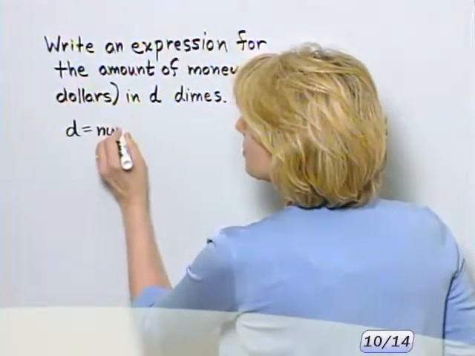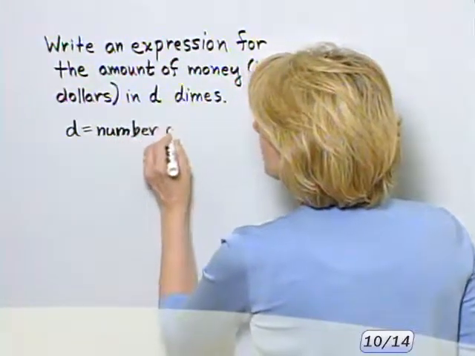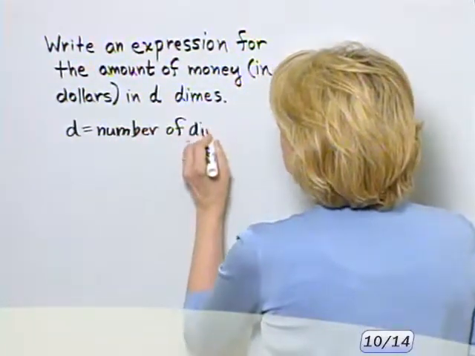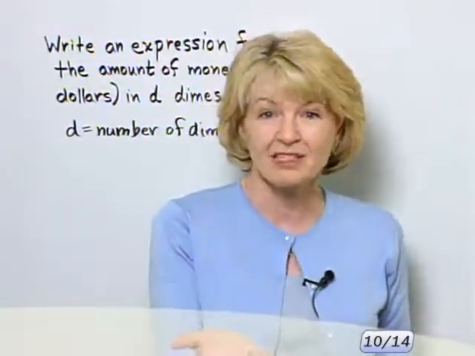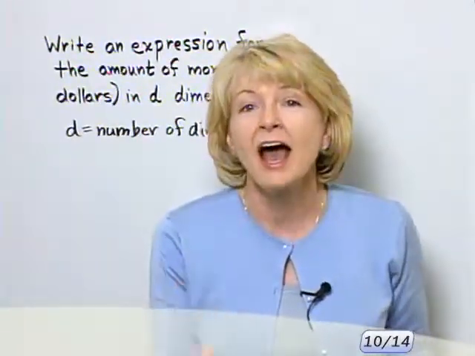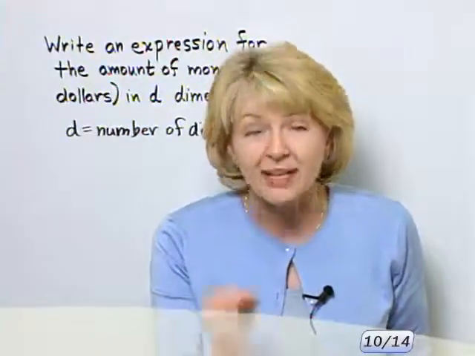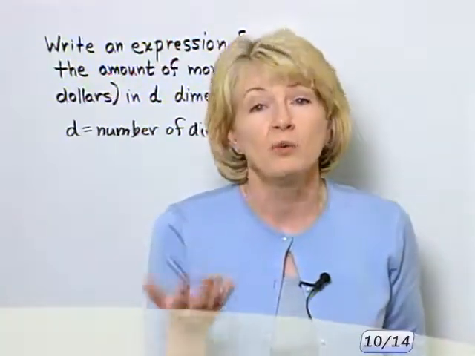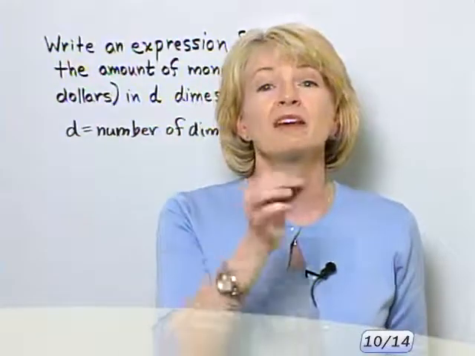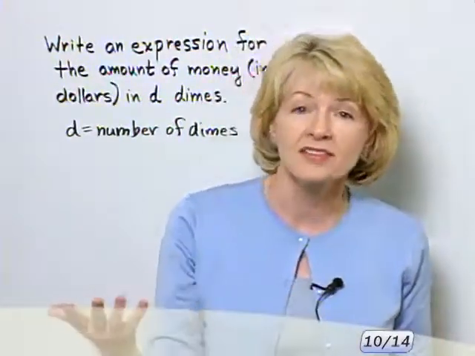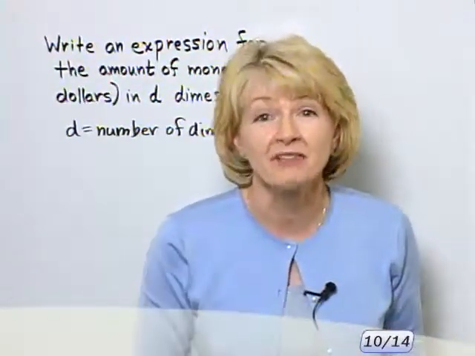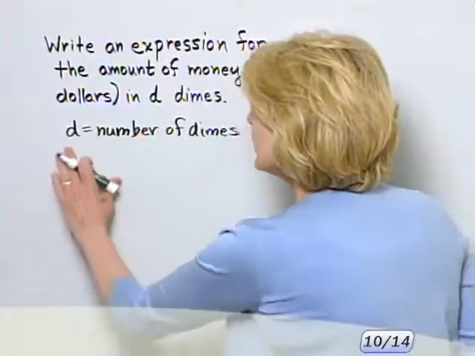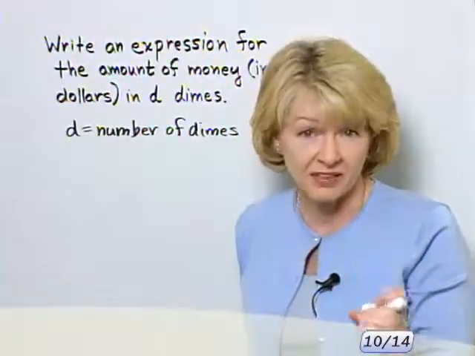So here, D is the number of dimes. If we know how many dimes we have, the example I mentioned was 5 dimes, how do we calculate the amount of money we have in dimes? Well, we multiply the number of dimes we have times what a dime is worth, 10 cents or 10 hundredths or 1/10th of a dollar. So D is the number of dimes.